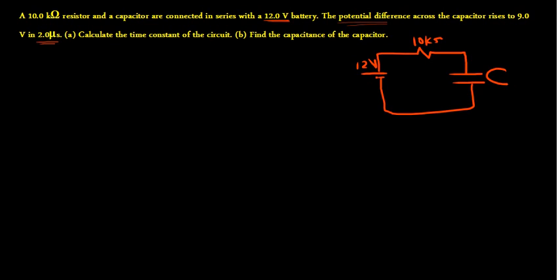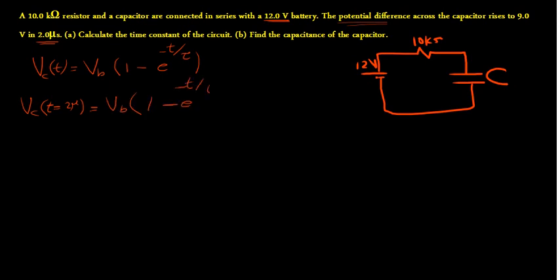From here I can say the voltage as a function of time across the capacitor will be the voltage of the battery multiplied by 1 minus exponential minus t over tau. Now the information I have is the voltage of the capacitor when time is 2 microseconds, and the voltage of the battery.